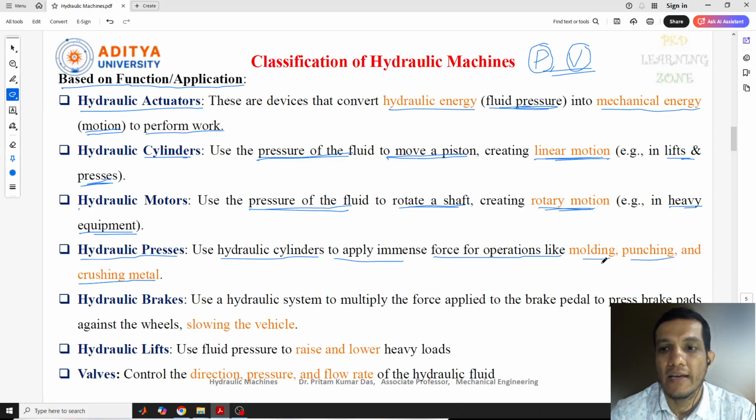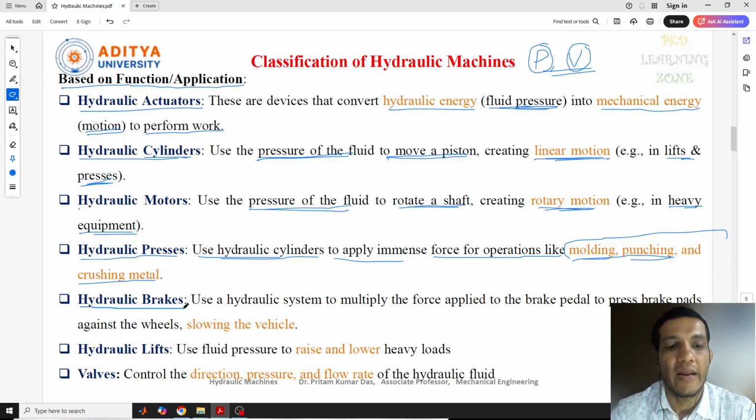So these are the applications of hydraulic presses, and they are related to hydraulic cylinders. The force will be applied to do operations like molding, punching and crushing the materials. So different applications are there.